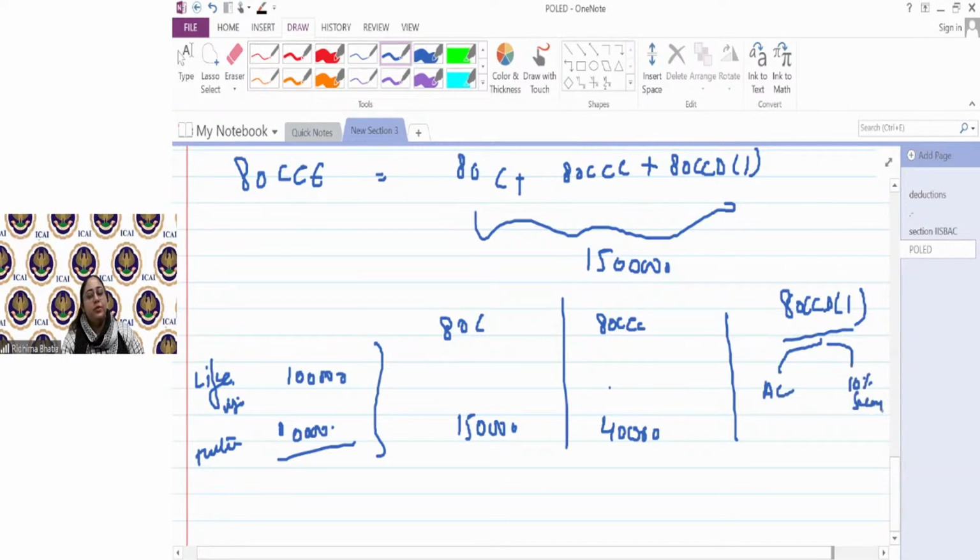If I talk about salaried person, suppose actual contribution is less and that is coming to 1,20,000 suppose. तो ये सब मिला के अब 80C में 1,50,000 आ रहा है, 80CCC में 40,000 आ रहा है, 80CCD 1 में 1,20,000 आ रहा है.